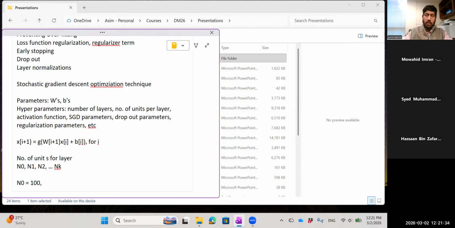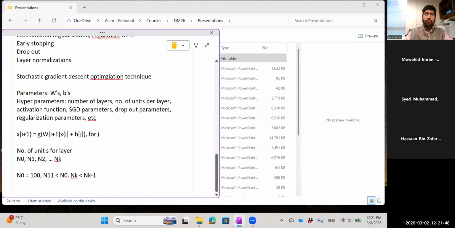So in other words, n1 would generally be less than n0, and similarly nk would generally be less than n(k-1).